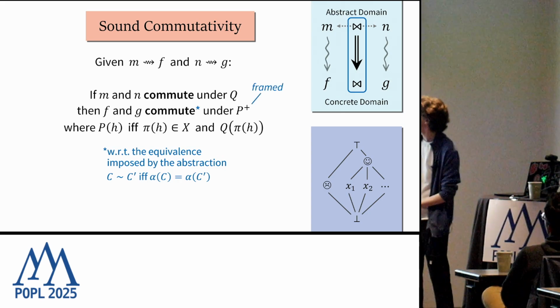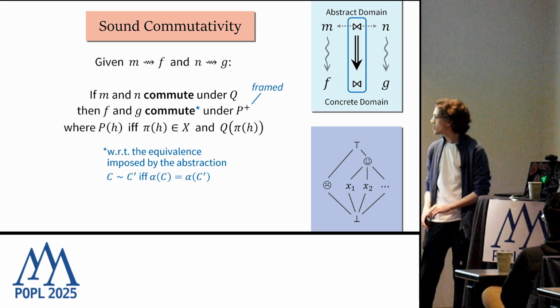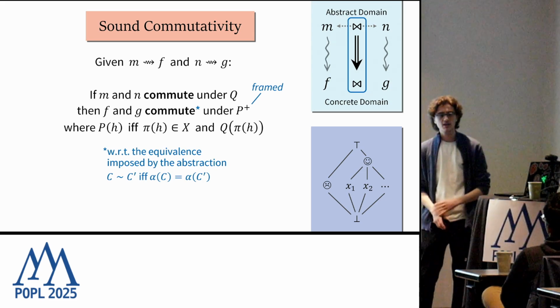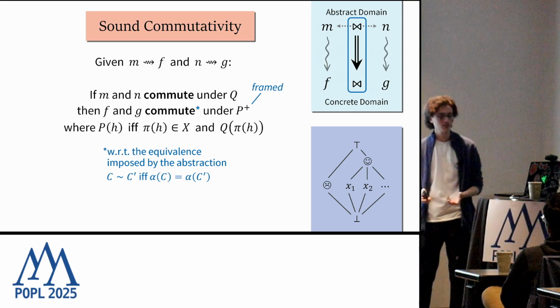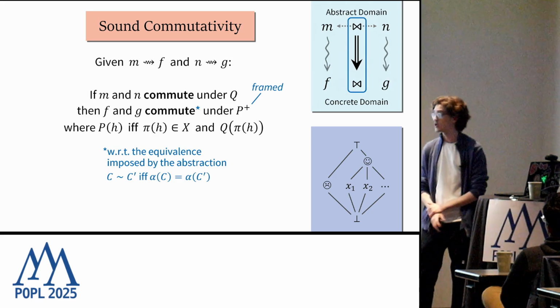The second detail is that, again, our concrete condition is framed with that plus, and like I said before, that means a guarantee that if F and G commute in any particular heap context, they also commute in any larger context.